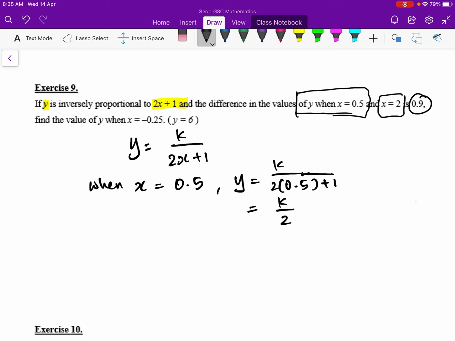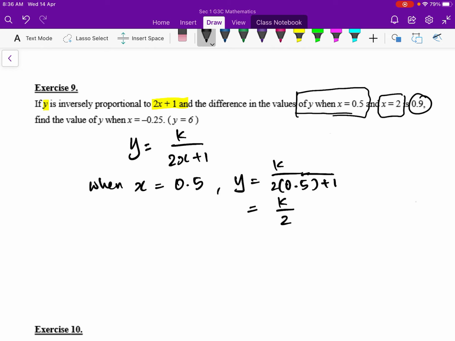We can give this y a name, because later we're going to end up with another y. You can call it x1, y1, x2, y2, or like we've used, x old, y old, x new, y new. But in this case, it's not exactly old and new x, so o and n might not be that intuitive. So what you can do is just use x1, y1, x2, y2.